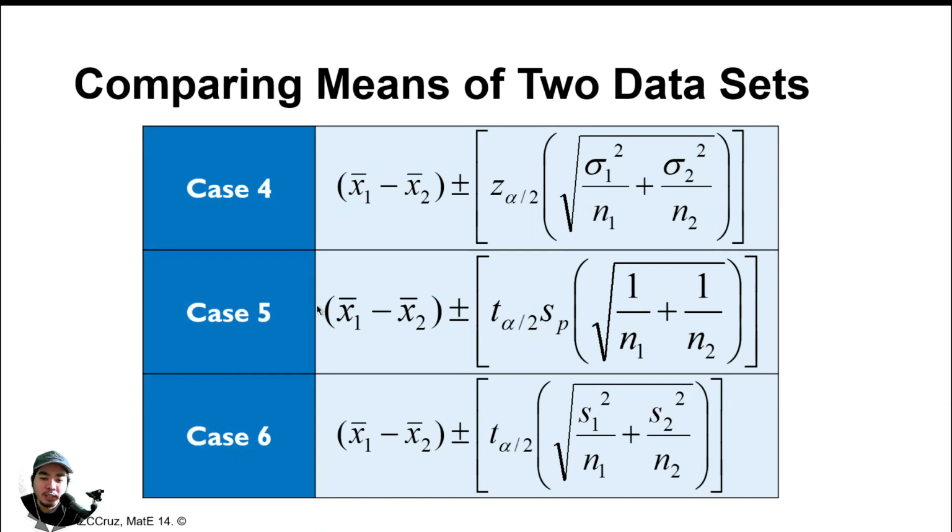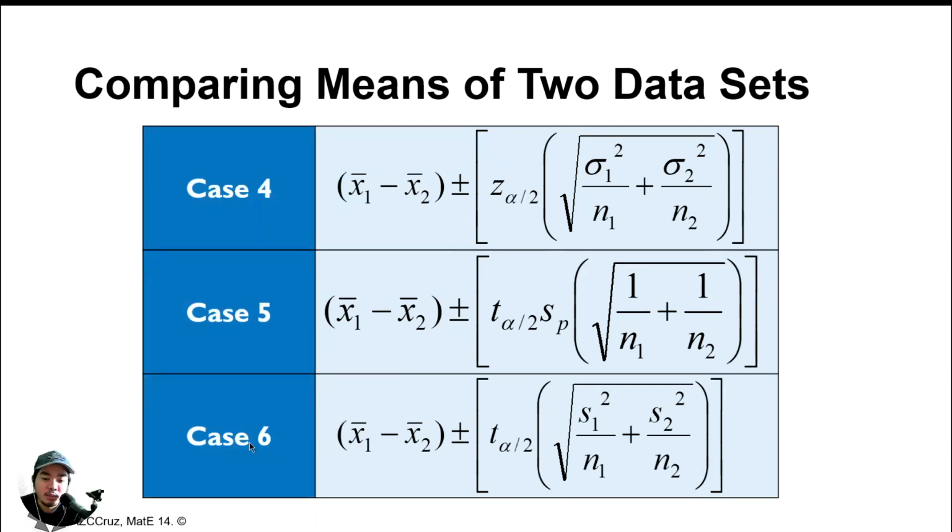Pero pagka case 5 tayo, then we use x bar 1 minus x bar 2 plus minus t alpha over 2 times SP, and SP here is known as your pooled standard deviation. So this pooled standard deviation times square root of 1 over n1 plus 1 over n2.